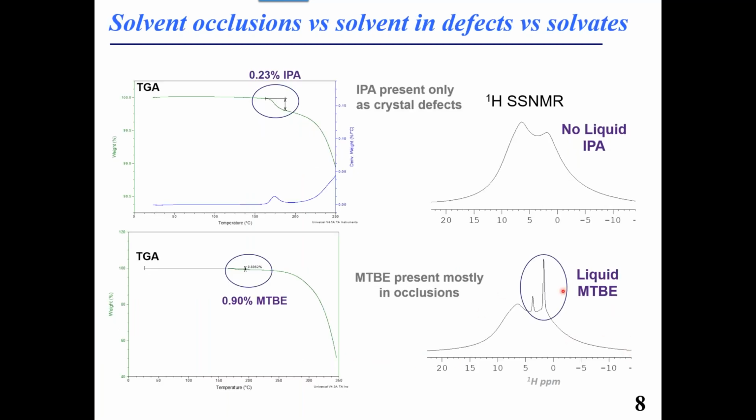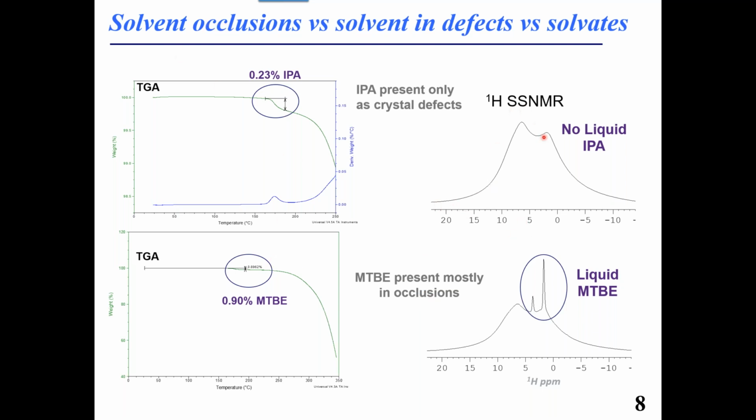So again, if the sample was wet by itself and you look at the CPMAS carbon NMR, you should see only the solid portion, and you would see if you have any solvent present as a solvate. So altogether, in this case, it wasn't the case, we concluded that MTBE was present only in occlusion. So the first case, solvent occlusion.